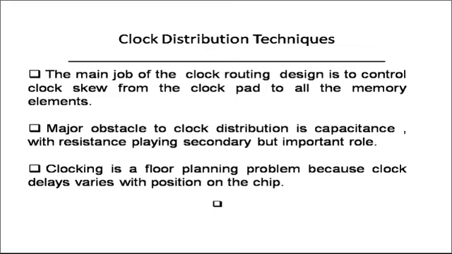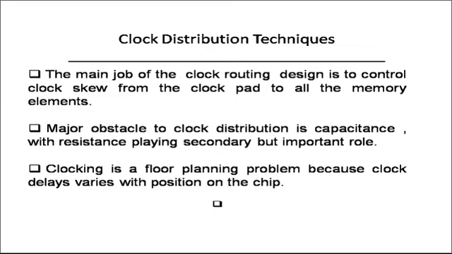That's why there are different clock distribution techniques. The main job of clock routing is to control the clock skew from the clock pad to all the memory elements, because we know that the memory elements are the flip-flops, and hence the clock must reach simultaneously to all the memory elements.